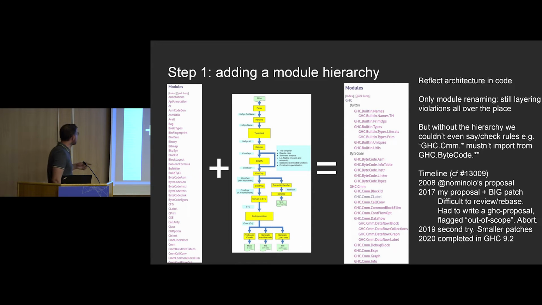So these are the modules of GHC 8.10. The first thing I worked on was to introduce a module hierarchy that would match the compiler architecture. For each box in the compilation pipeline, we would have a hierarchy in the modules. Why would we want to do this? It's useful to identify layer violations.